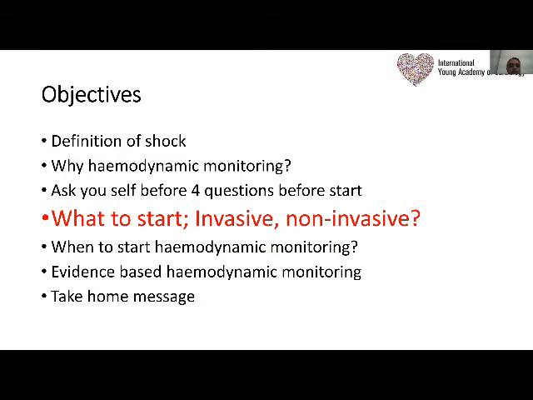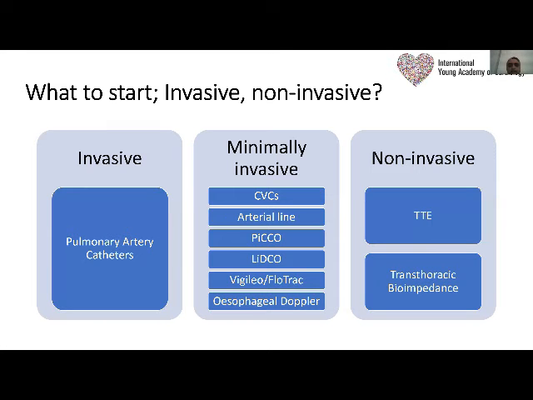So what to start with? There's a spectrum of hemodynamic monitoring, starting from the gold standard, which is the pulmonary artery catheter. Actually, the trend is going down in the use of the pulmonary catheter. Non-invasive monitoring is quite simple and quite available; we are talking about transthoracic and transesophageal echo.